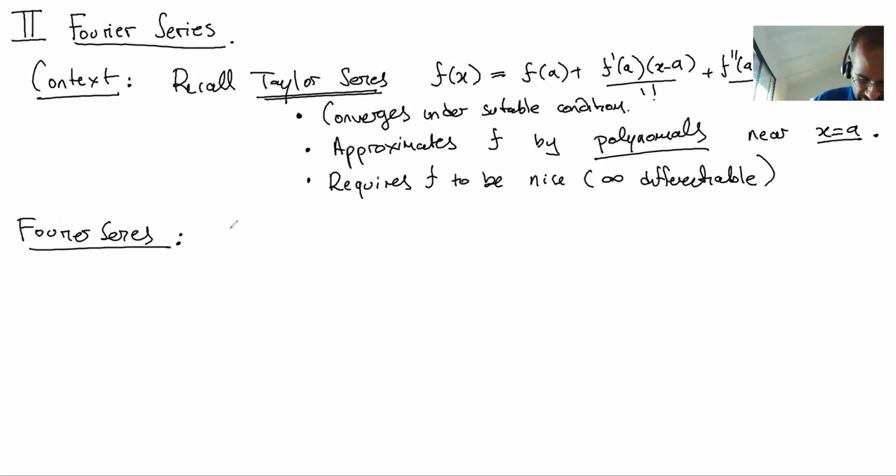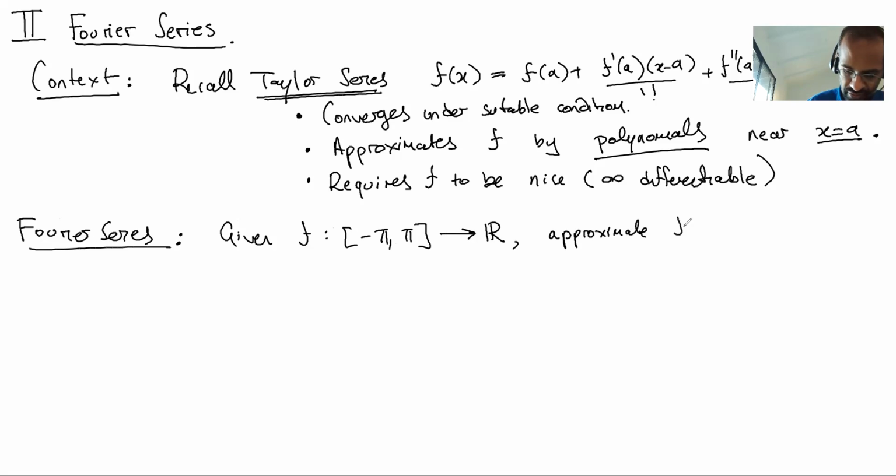The idea is, given a function on an interval, which traditionally is taken to be minus pi to pi for reasons that will become clear in a moment, you want to approximate f by a sum of sines and cosines.